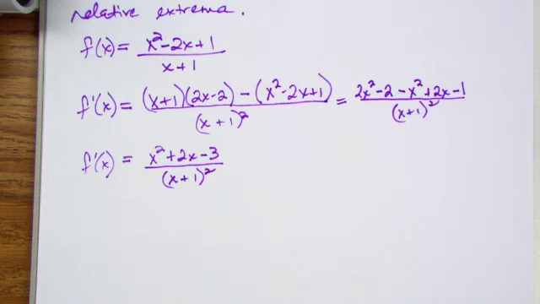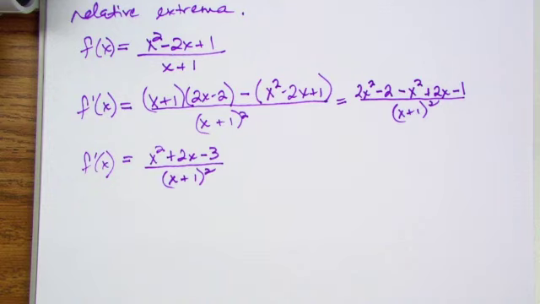Oh, I'm sorry. Here, this is what we're plugging into, right? So it's 9 plus 6 plus 1 over negative 2, right? So negative 8. Something like that. And that's your max.